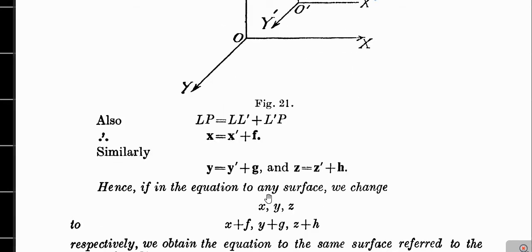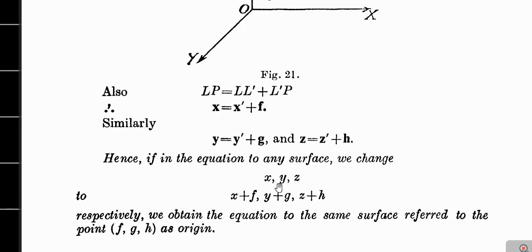Hence, if in the equation of any surface we change x, y, z by x plus f, y plus g, z plus h respectively, then we will get the equation of the same surface referred to the point f, g, h as origin.